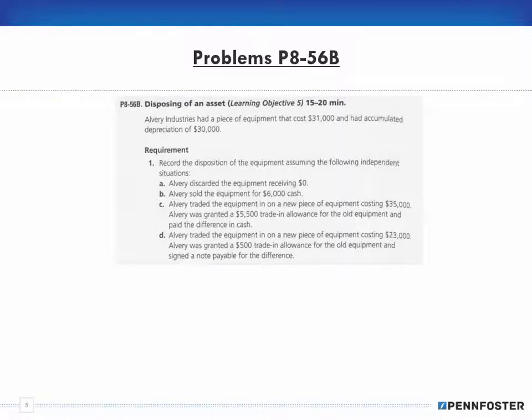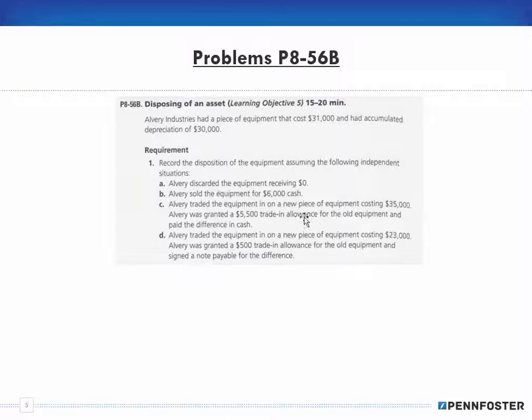It says here, Alvery Industries had a piece of equipment that cost $31,000 and had accumulated depreciation of $30,000. It says record the disposition of the equipment, assuming the following independent situations. A, Alvery discarded the equipment, receiving $0. B, Alvery sold the equipment for $6,000 cash.